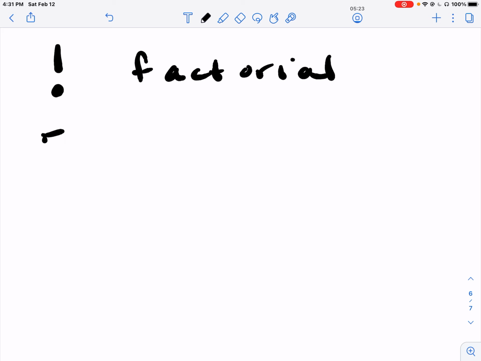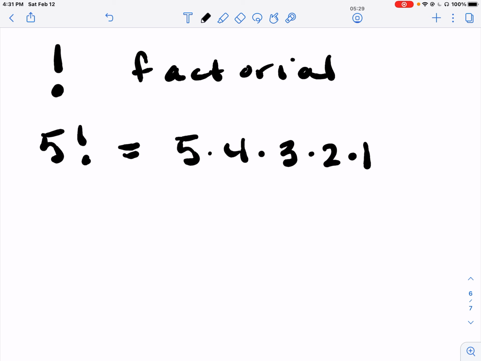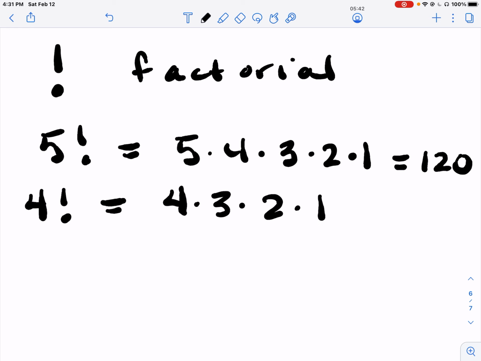And if you had 5 factorial, that means 5 times 4 times 3 times 2 times 1. So you would multiply those numbers, you get 120. You just take that number, go all the way down and multiply. 4 factorial is 4 times 3 times 2 times 1, which would equal 24.